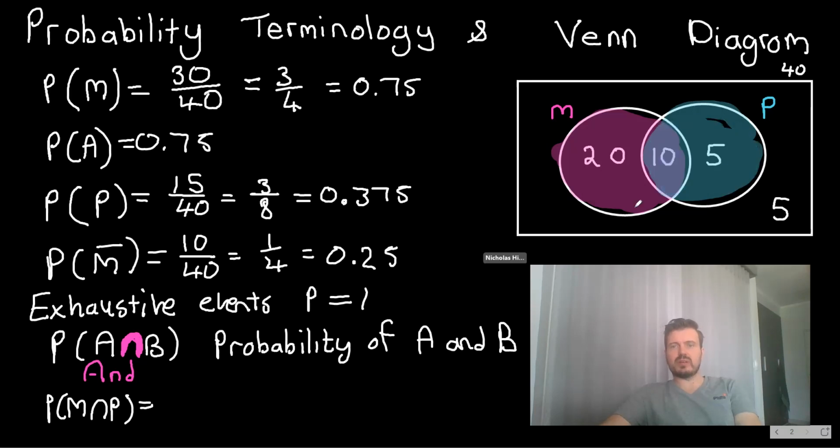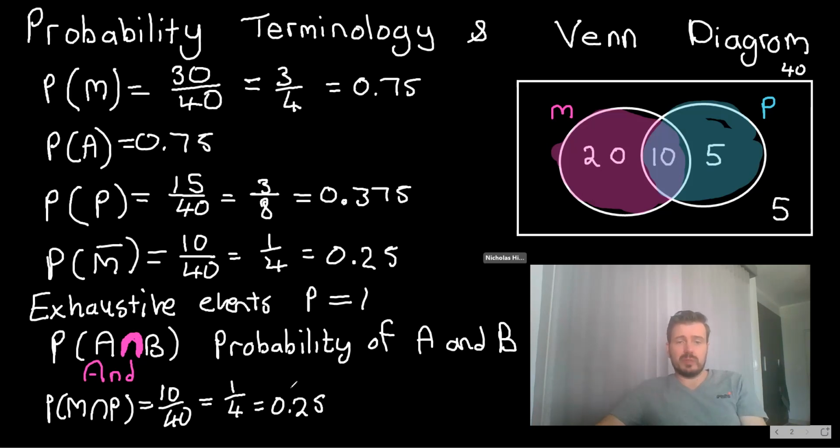I could think of it as, well, where is it pink and blue? Where did the pink and blue overlap? Well, that would be the 10. So maths and physics would equal 10/40, which is equal to 1/4, which is 0.25 for maths and physics.